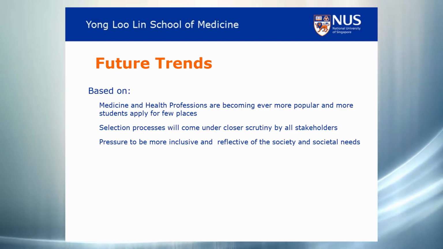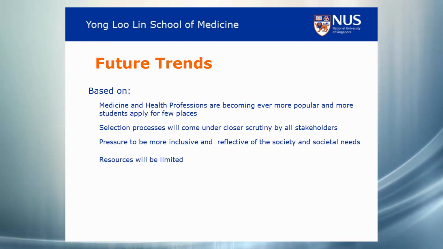But with all this, what we are also seeing is that the allocated resources are getting limited, or quite scarce. So therefore, we need to be efficient, we need to develop systems that are practical, and we need to rethink out of the box how we select our future health professionals.